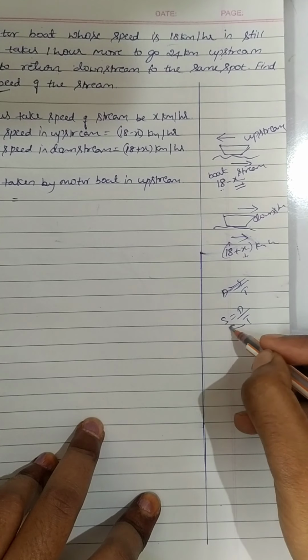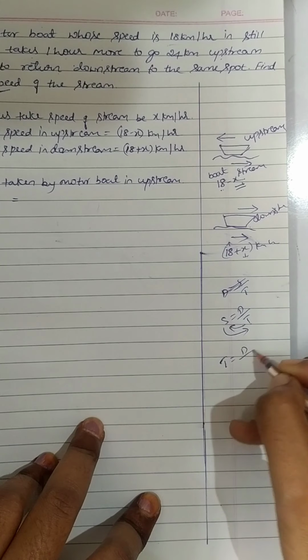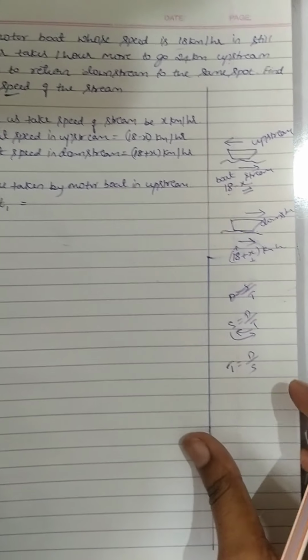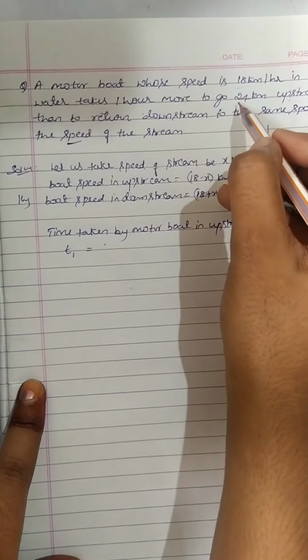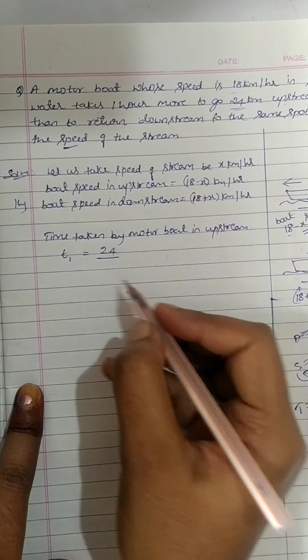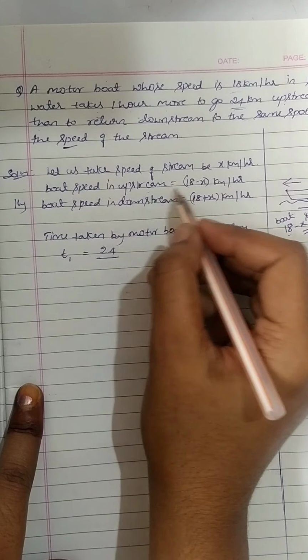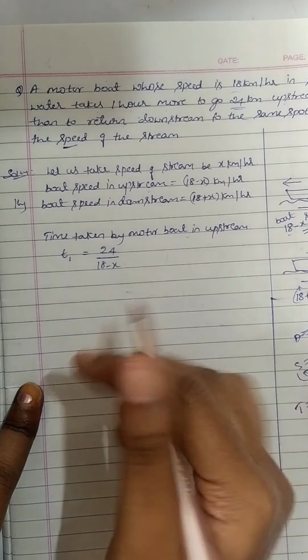As we want time, send this time to this side and take the speed to the other side. So we'll get t is equal to distance by speed. So here T1 is equal to distance. How much did they give as distance in the question? 24 km. So 24 by the speed of motorboat in upstream, which we got as 18 minus x. So this is the time taken by the motorboat in upstream.